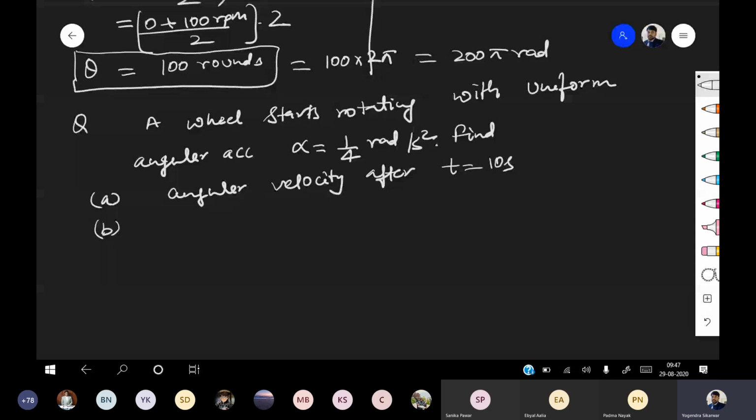B, the angular displacement in 5 seconds. Please find these two answers quickly.